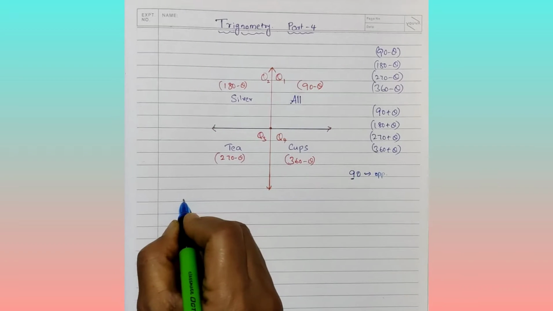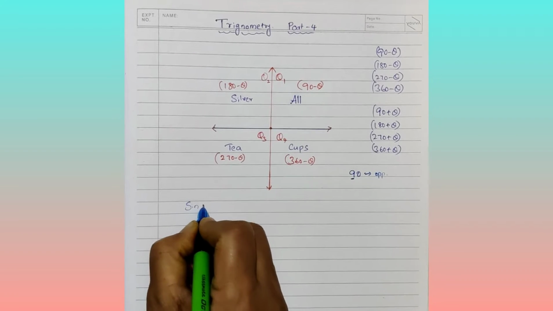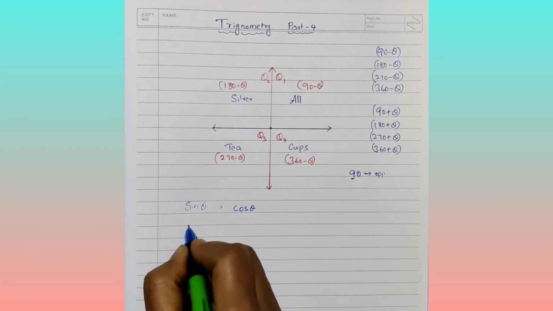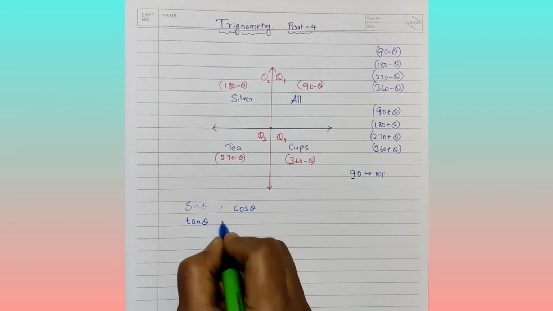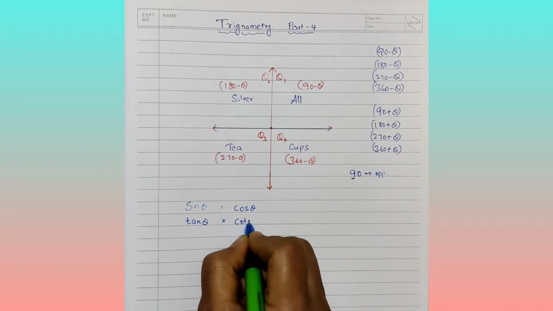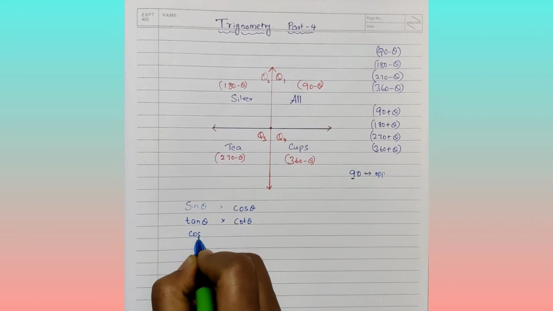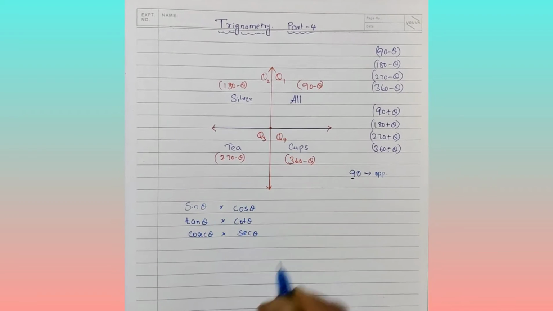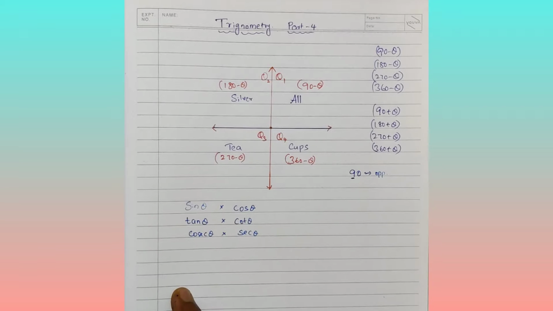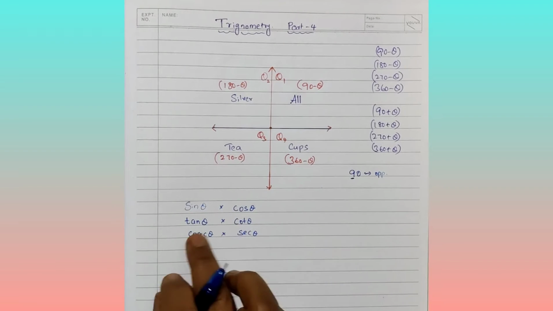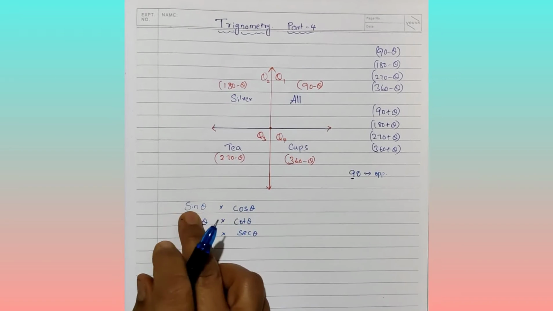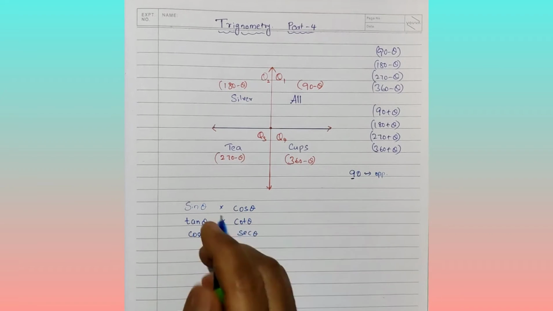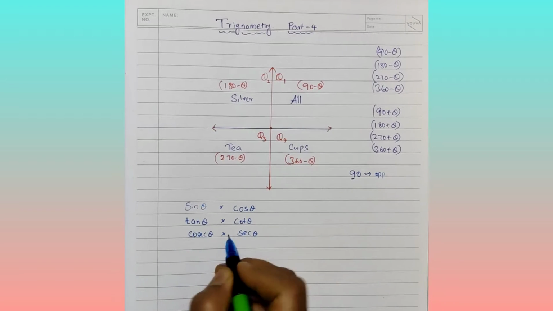Sine opposite is cos theta. Tan opposite is cot theta. Cosec theta opposite is sec theta. Just for our convenience we are describing these as opposites, but actually the reciprocal of sin is cosec, tan is cot, and cosec is sec.